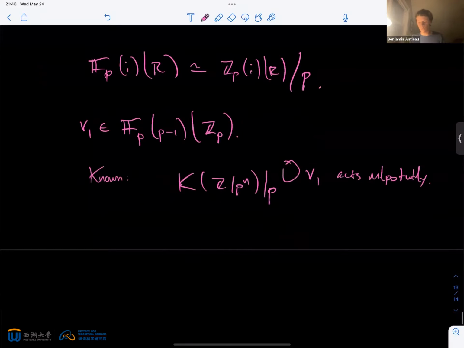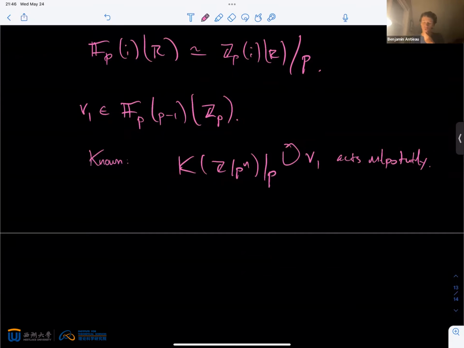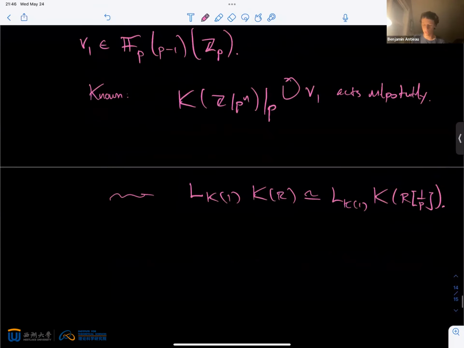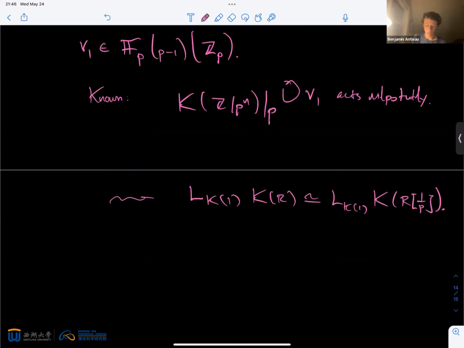And this is a very important result that goes into a lot of important mathematics. So, for example, it's used to prove that the K(1)-localization of the K-theory of R agrees with the K(1)-localization of the K-theory of R[1/p]. Which is, if you know what those words mean, great. If not, that's okay.